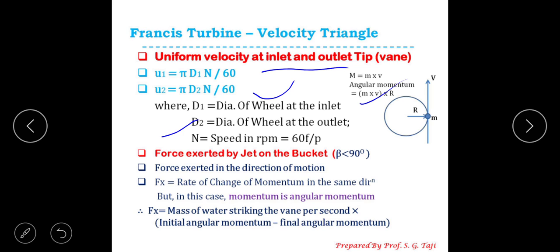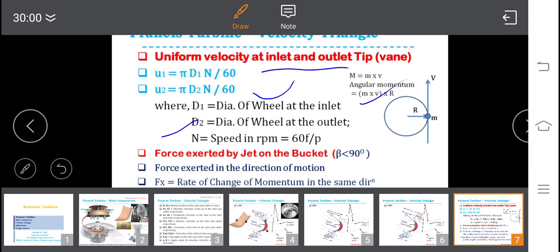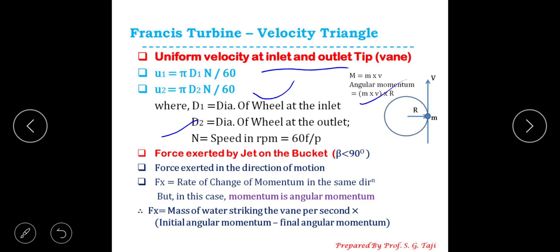M is equal to m into v, angular momentum. Force exerted by the jet on the bucket when beta is less than 90 degrees, force exerted in the direction of motion. Fx is the force in the direction of motion. It is the rate of change of momentum in the same direction, but in this case momentum is angular momentum.